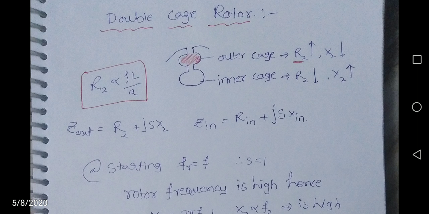As we know, R2 is proportional to rho L by A. So the conductor resistance is inversely proportional to area.